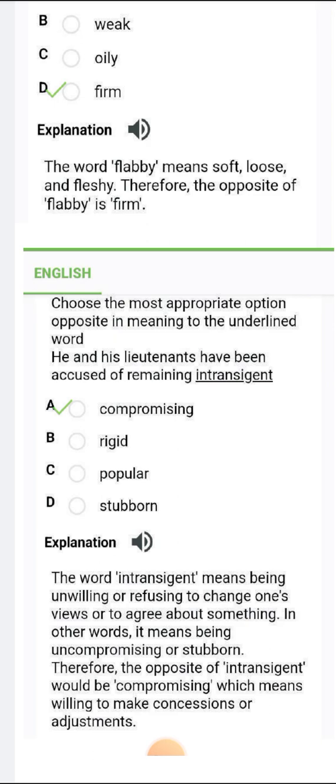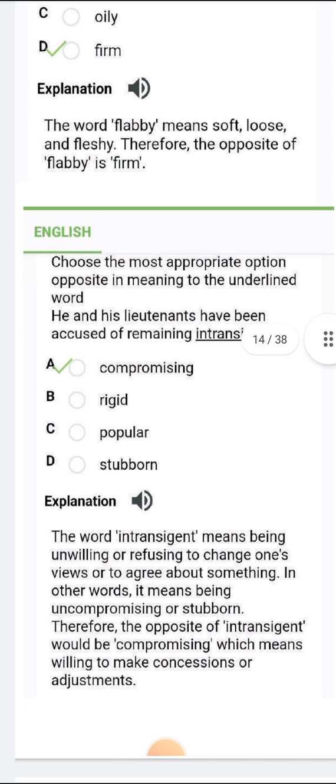Intransigent is compromising. Of course, we all know what compromising means. The word intransigent means being unwilling or refusing to change one's view or to agree about something. In other words, it means being uncompromising or stubborn. Therefore, the opposite of intransigent would be compromising, which means willing to make concessions or adjustments.